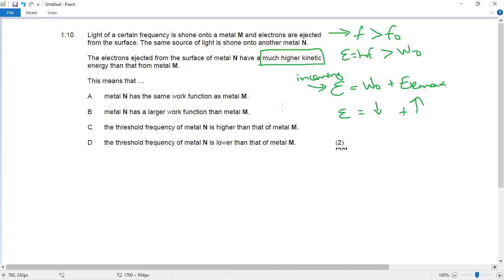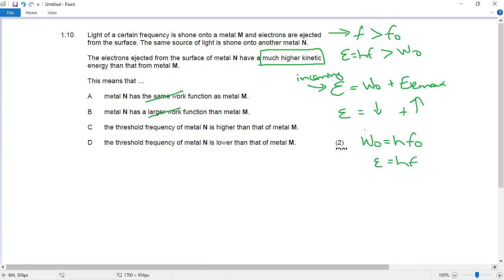So is there one that says one has a smaller work function? No, this one says the same, it's wrong. This one says larger, it's wrong, it has to be a smaller work function. Now they start talking about the threshold frequency, but we know the work function is related to the threshold frequency, basically through the E equals hf equation.